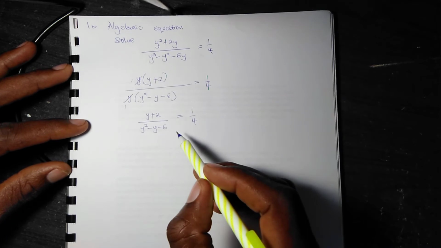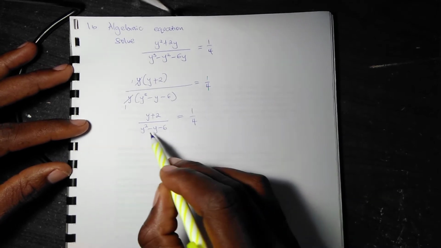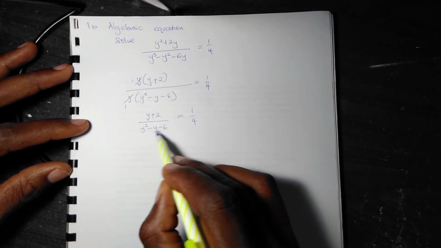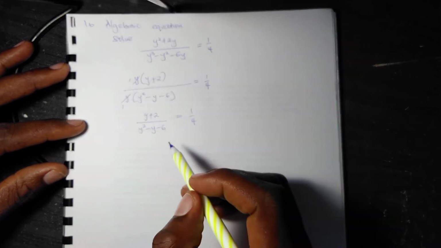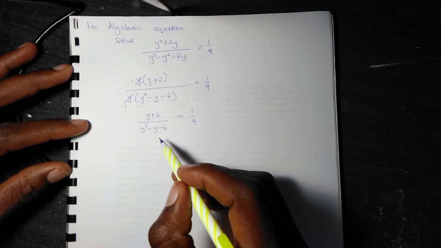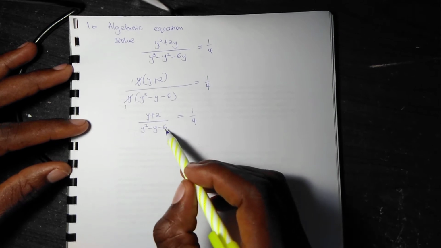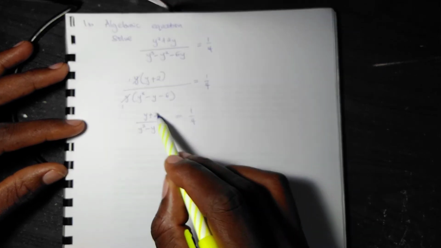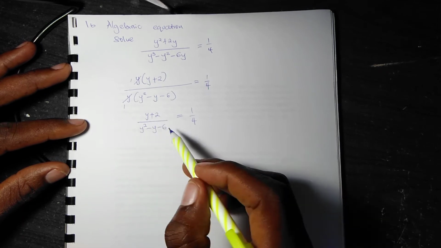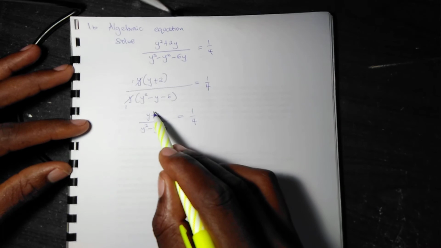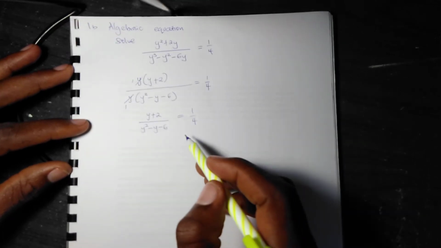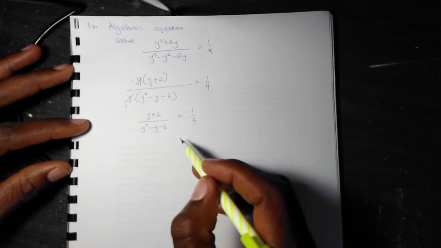You can now realize that we are left with an algebraic expression below which is quadratic in nature, and that means we can factorize it to see if it cancels with the numerator. First of all, we simplify the left hand side before we head into the equation on the right hand side.